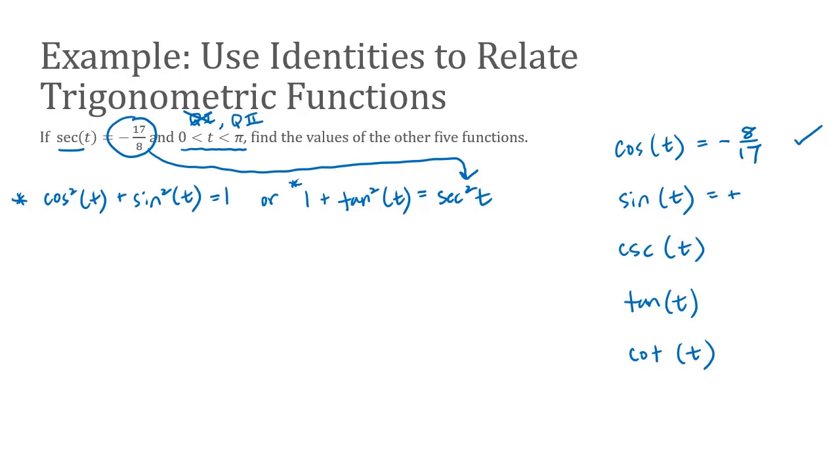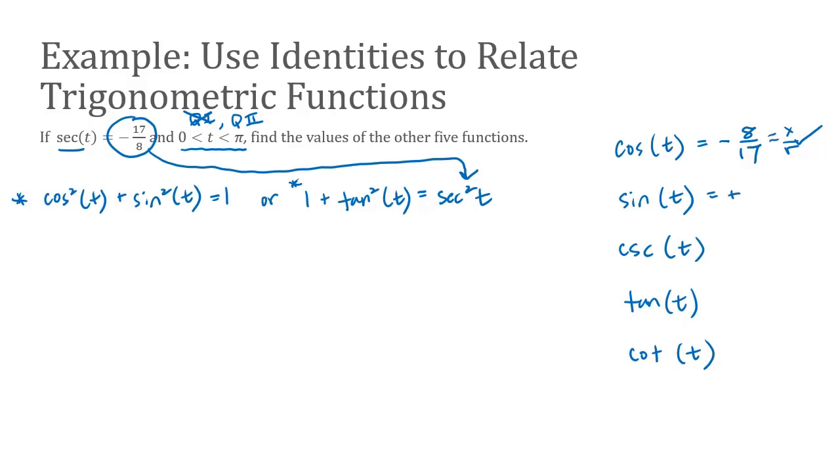So I can come up with it easily if I'd like. The other way that I could go about this is I know that the cosine is equal to x over r. So I could use the fact that x is -8 and r is 17, and I could use that with the Pythagorean theorem to solve for y. Lots of different ways I could do this.